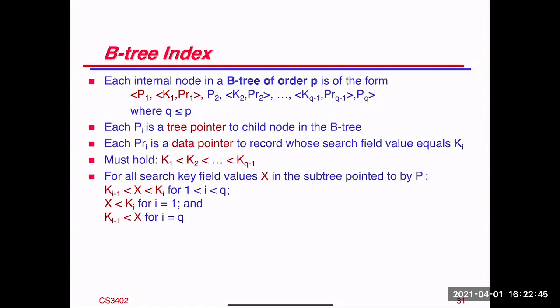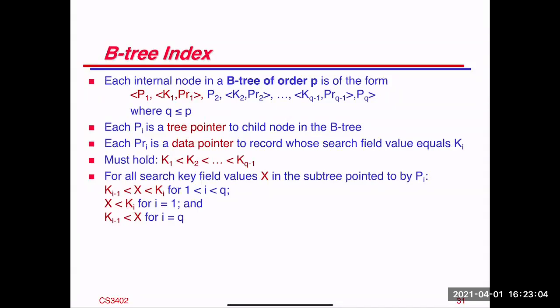What I mean by that is that if you look at the subtree to which P1 points, that one needs to have only search key values that are less than K1, right? So this would be the second condition here: X less than K1.